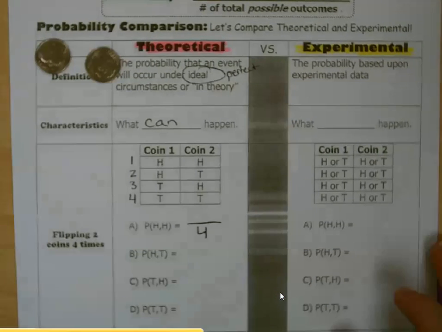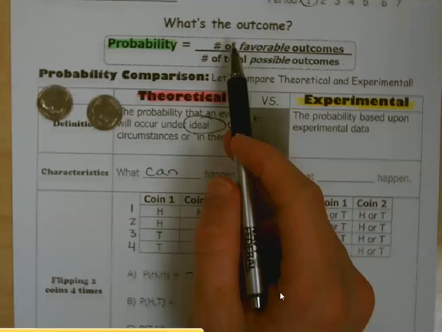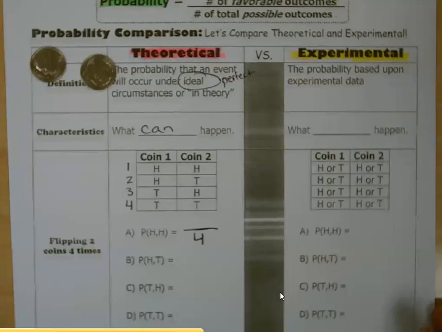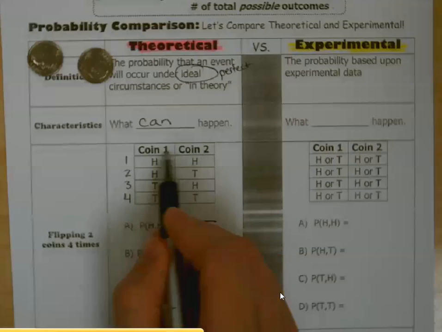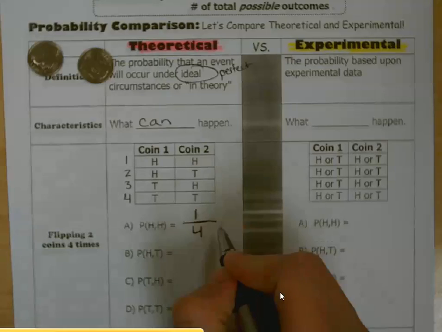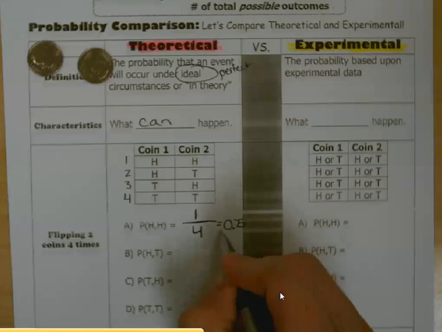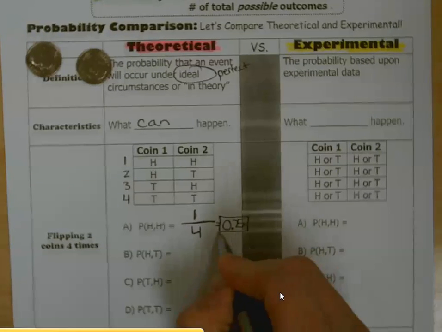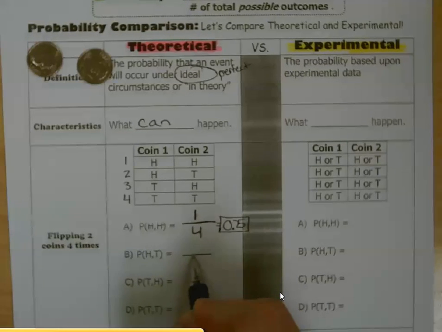Now, on the numerator side of that fraction, we want the number of favorable outcomes. So, how many ways do we want it to happen? Well, we want it to be heads and heads. How many ways does that happen? Looks like only one. So, our probability would be 1 out of 4. Or, if we wanted to change that into a decimal, which you will often see, it would be 0.25.